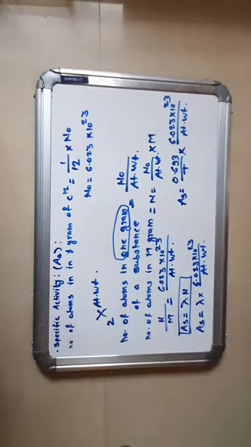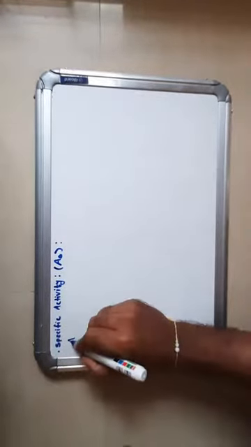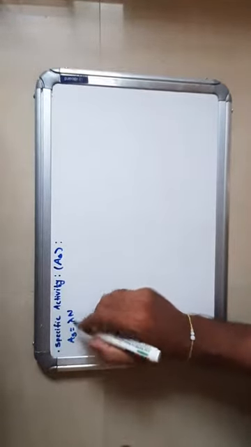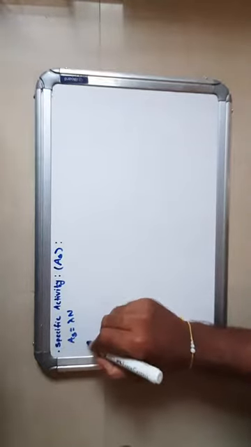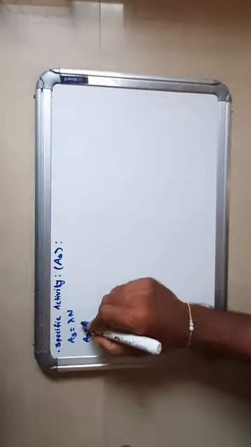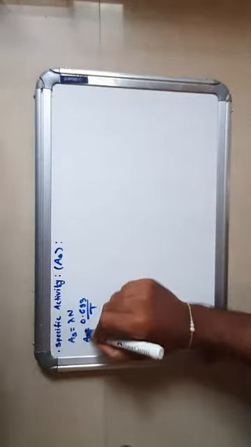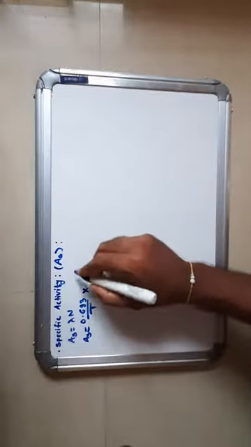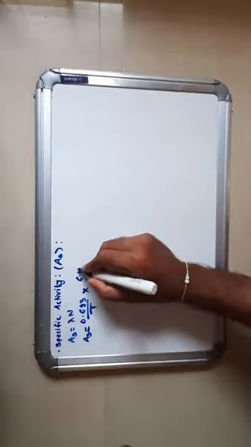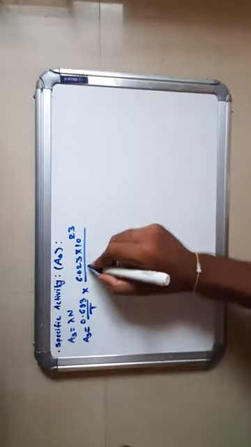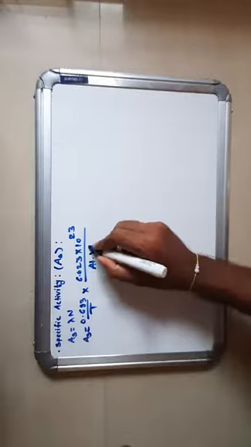Must remember this. After solving, the specific activity A_S is equal to lambda N, that is, 0.693 divided by T, using the half-life, into N, that is 6.023 into 10 raised to 23 divided by atomic weight, right?